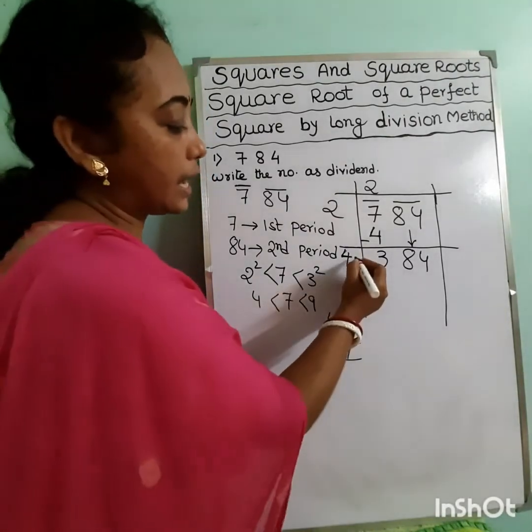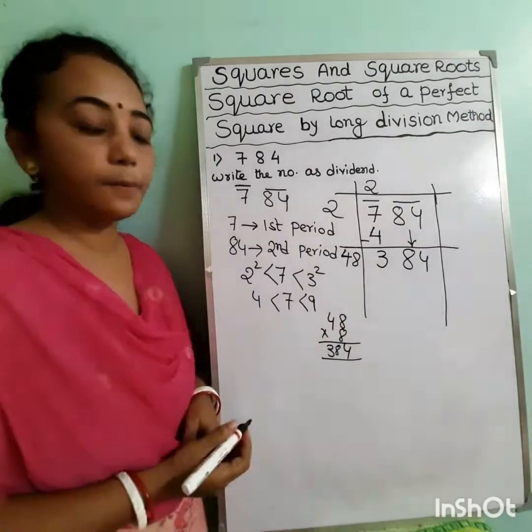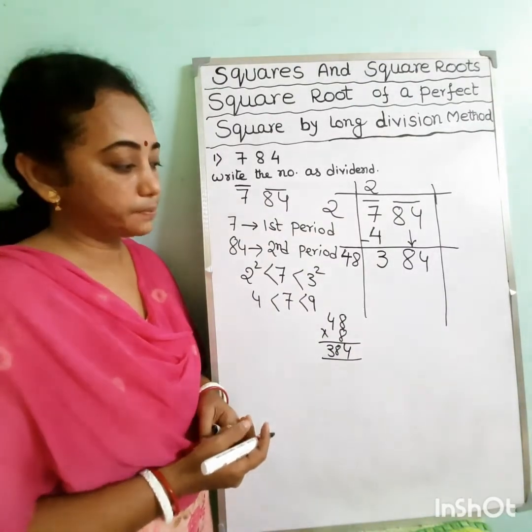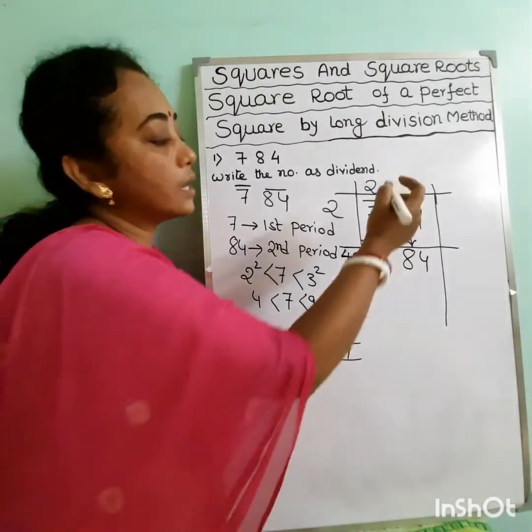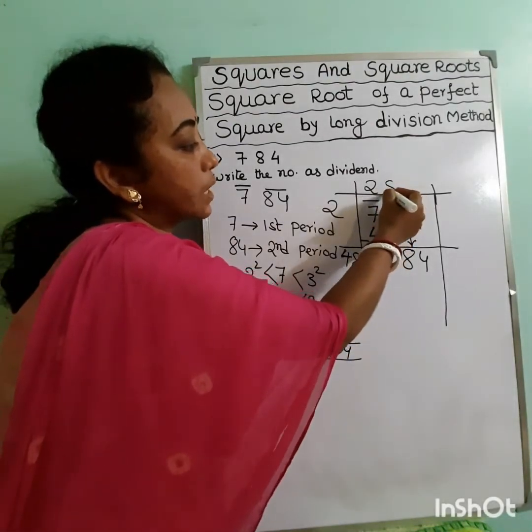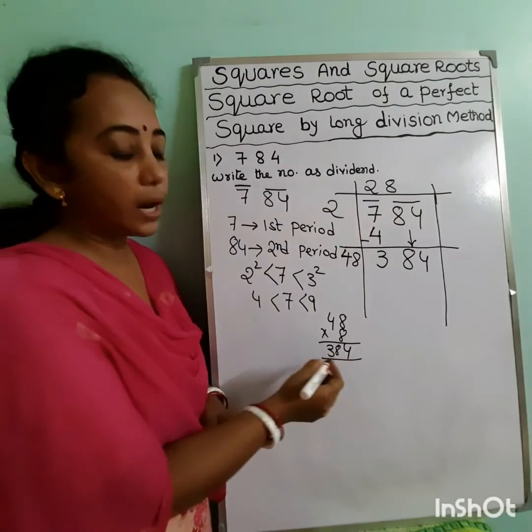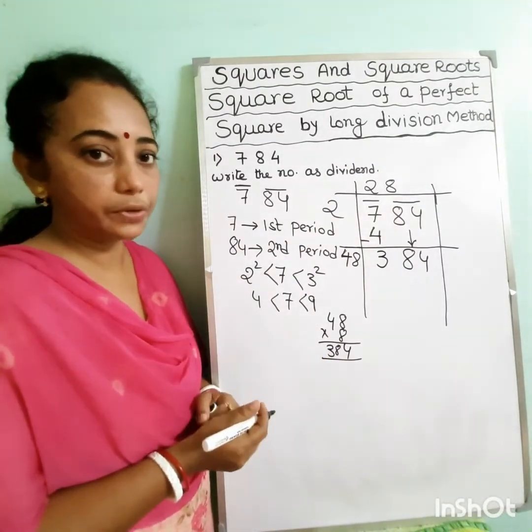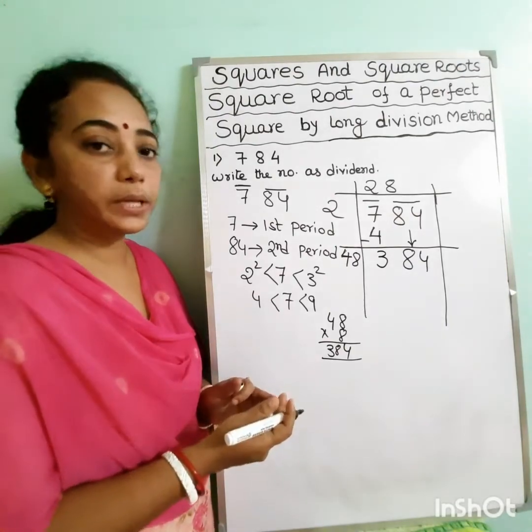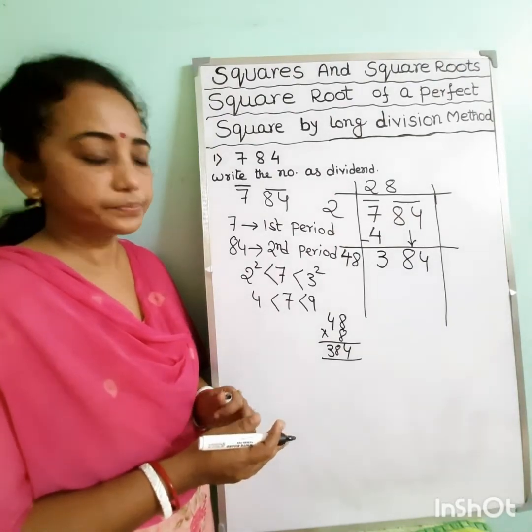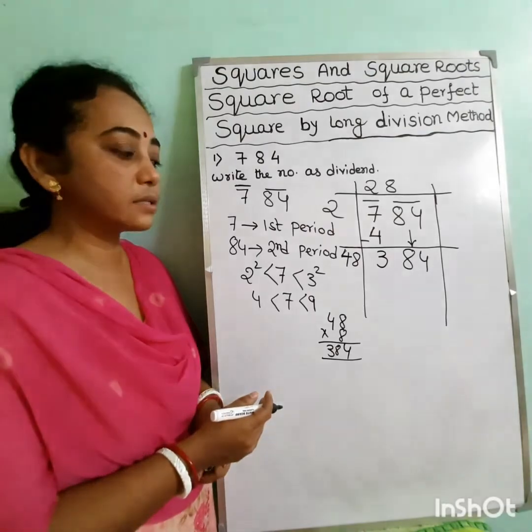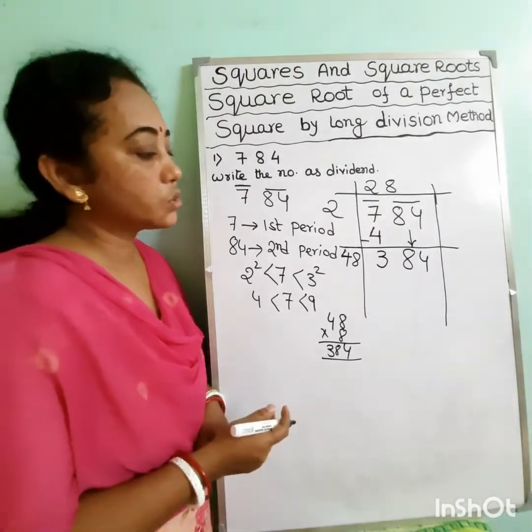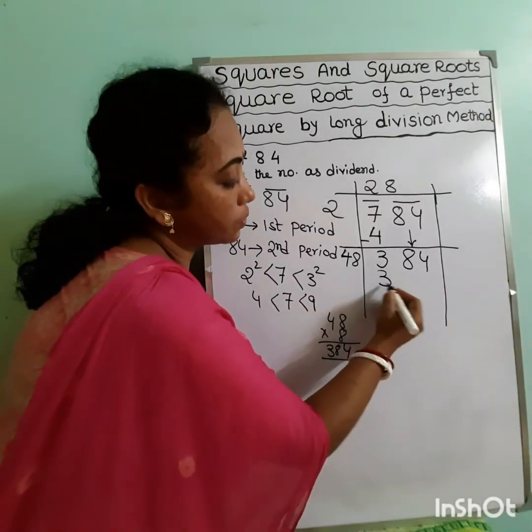If we take 8 as the right digit of the new divisor, then the new digit in the quotient also becomes 8. And their product is coming 384, which is equal to the new dividend. The product should be less than or equal to the new dividend, and here it is equal. So here we will write 384.